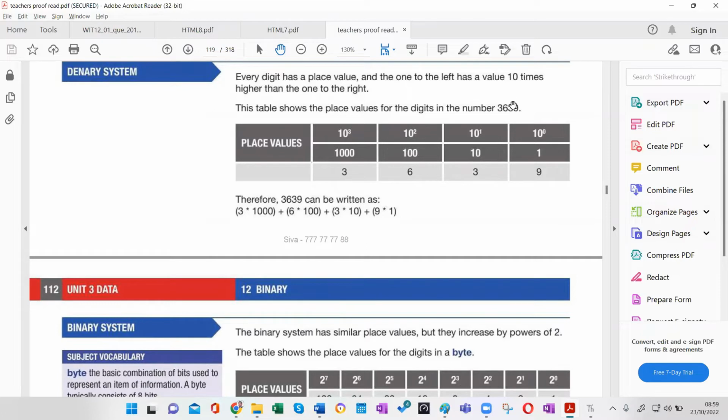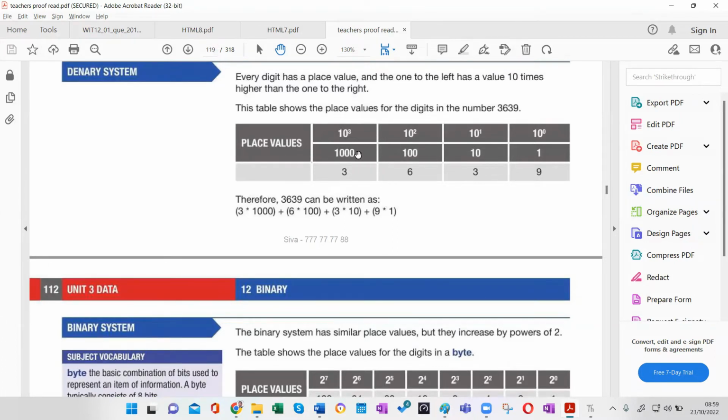The first digit to the right, which is 9, has a place value of 1. 3 has a place value of 10, 6 has a place value of 100, and 3 has a place value of 1000.